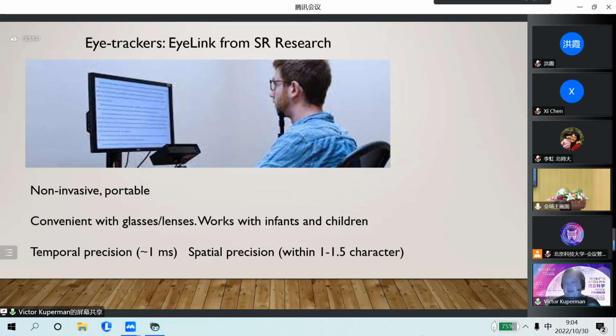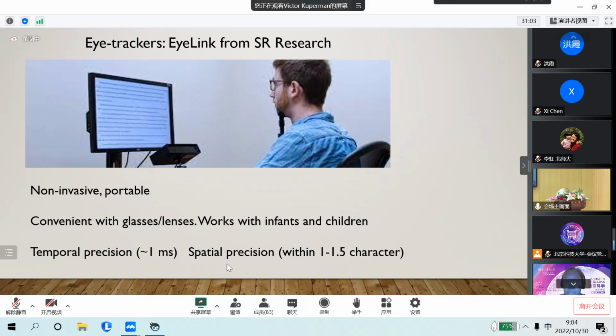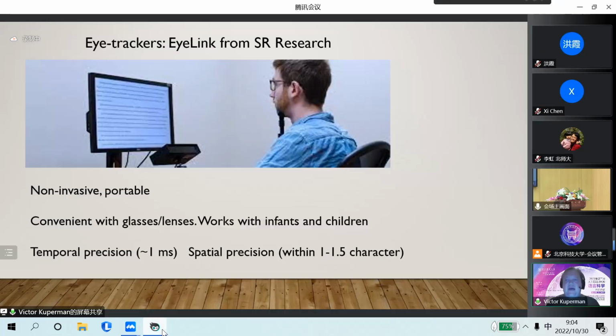This box might come in different forms or shapes, but it has a high precision camera which records the movements of the eye, well, two eyes truly, as they move along the lines of text. This specific eye tracker is called iLink from a Canadian company, SI Research.